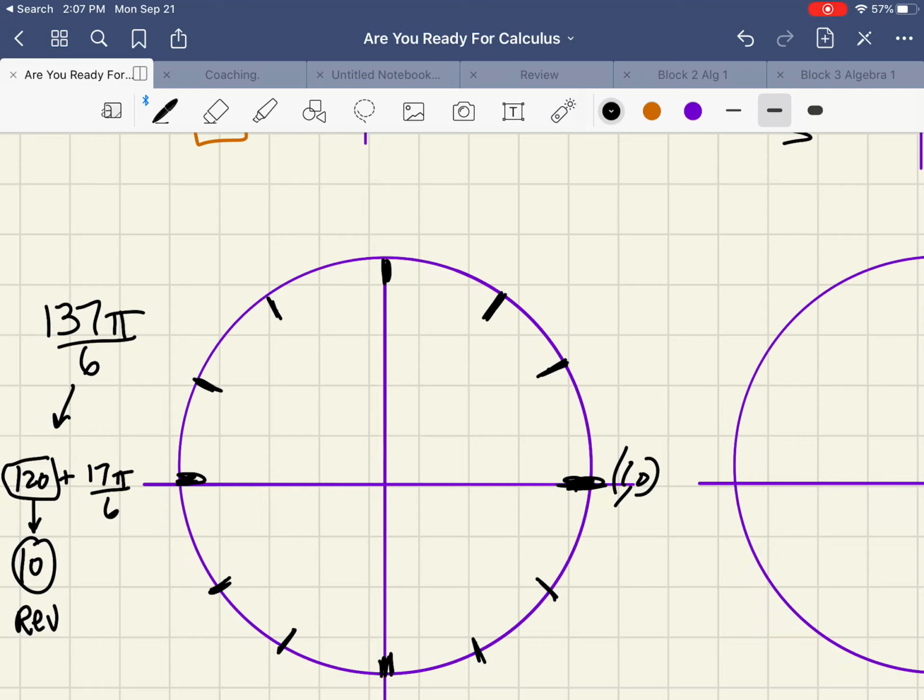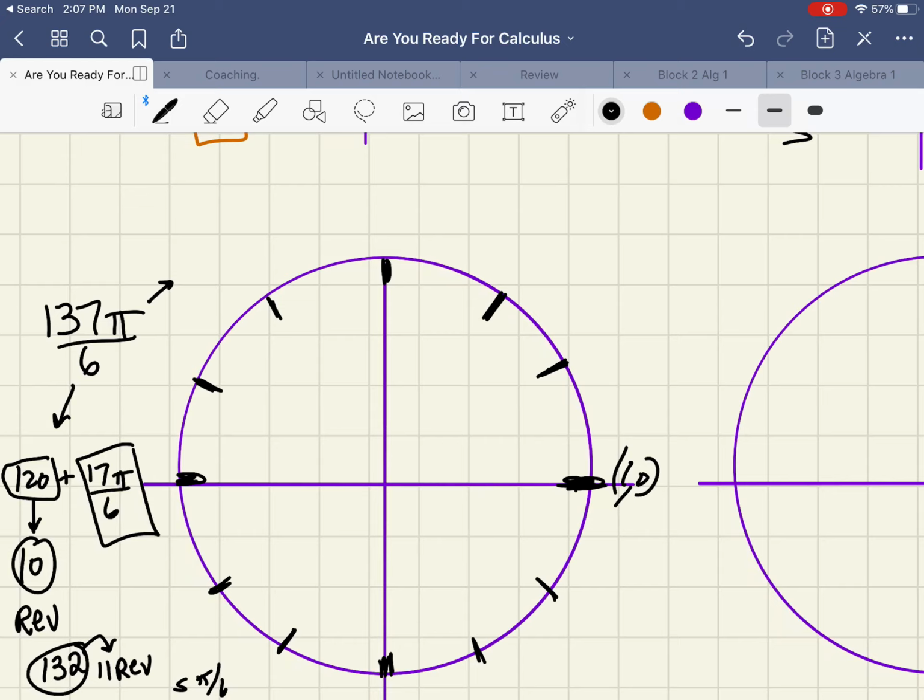In fact, I could even go 132, which is 11 revolutions, right? 132 pi over 6 is 11 revolutions because there are 12 pi over 6 per revolution, which would leave me 5 pi over 6 extra. I think 17 is manageable. This would be a few less, so whichever works for you.